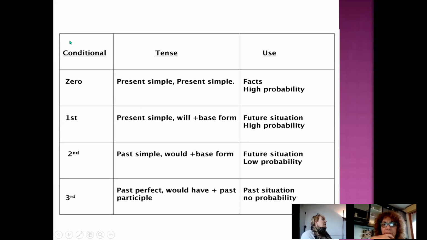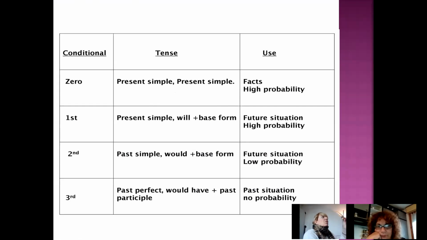As you just mentioned, Myla, we have four conditionals: zero, first, second, and third. This is actually the grid that you can refer to, because we have the tense and we have the use. There are two things for each tense that you have to remember: how and when.